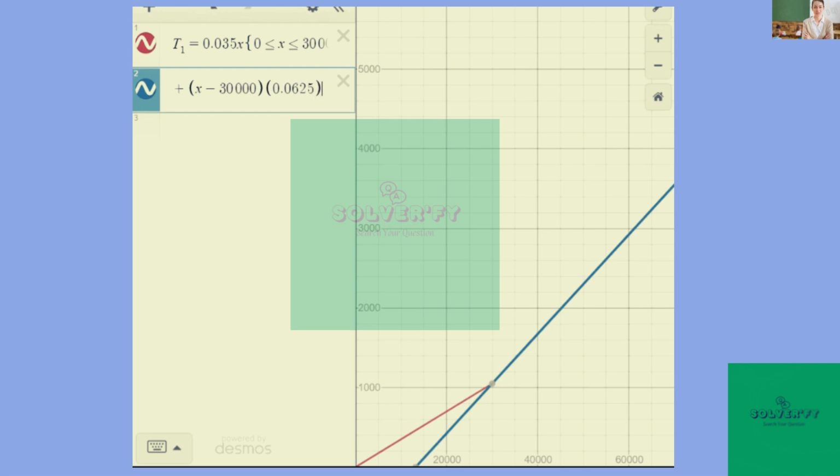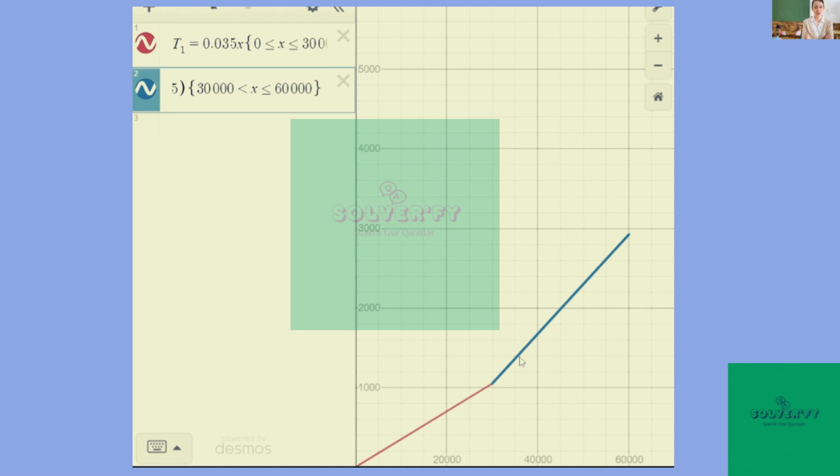So this is a higher tax rate. The one before in category 1 is only 3.5%, but this one is 6.25%. You can notice the blue part here is steeper than the red one. But of course, we're going to constrain this, because this is only acceptable from 30,000 all the way up to 60,000. So it also gets cut off.